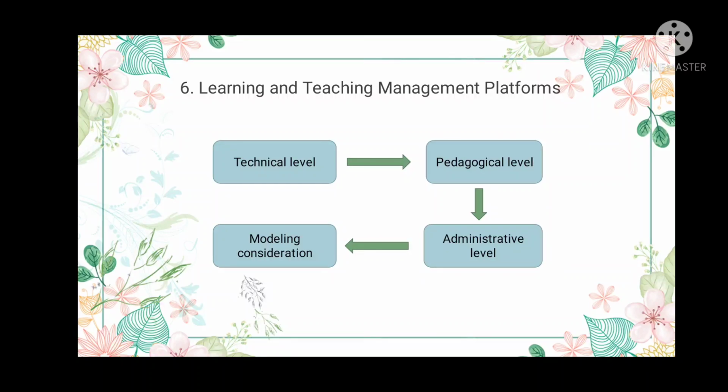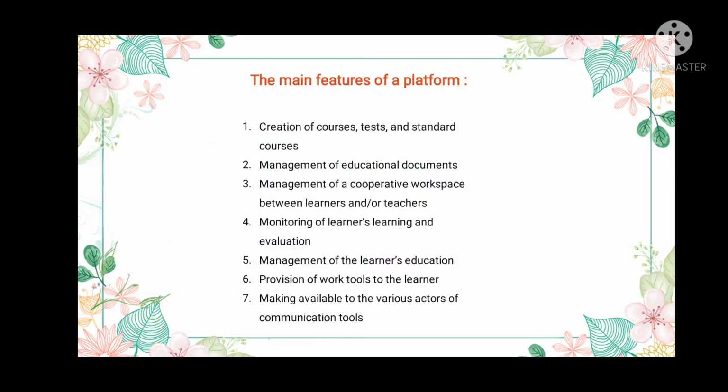They consist of taking into account the distance of the teacher and possibly the pedagogical place on the one hand. The third is the administrative level. They relate to the management of learner schooling. The last is modeling consideration. This is the engineering of the e-learning system.